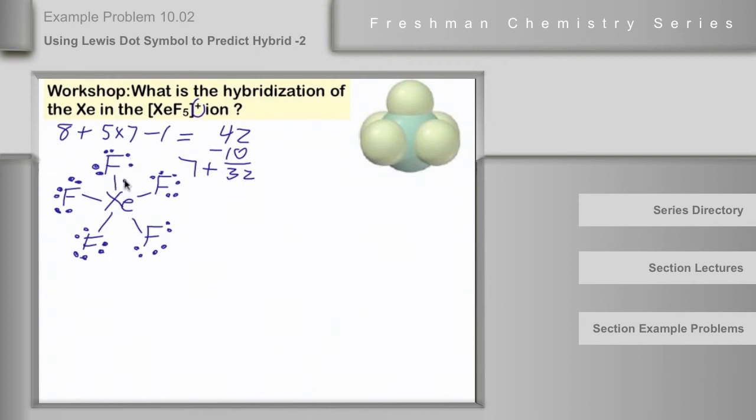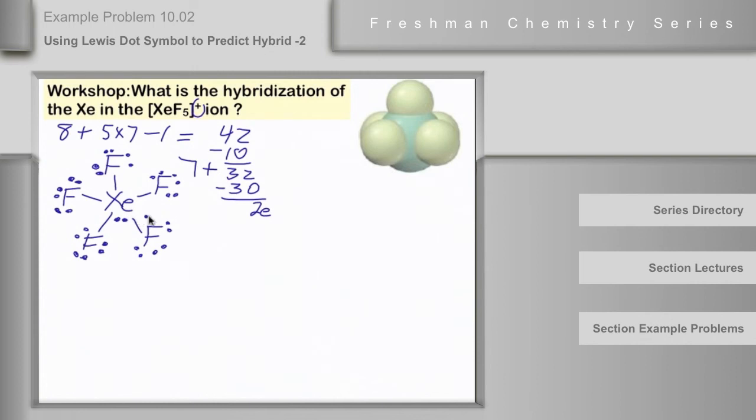Six electrons per fluorine times 5 fluorines is 30 electrons. So we used 30, we had 32, we have 2 left over, 2 electrons left, and so they go on the xenon, right there. So this is the Lewis dot structure for the ion.